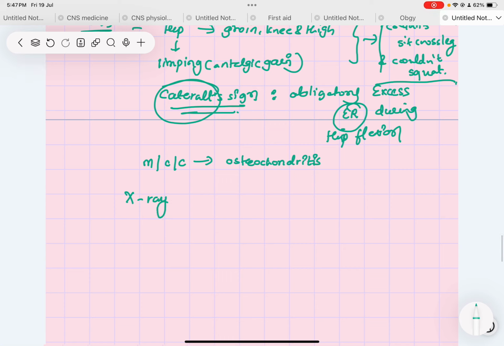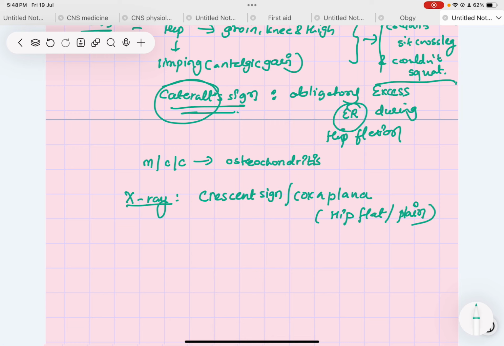In X-ray, you can see the crescent sign or coxa plana, means hip will be flat or plain, you can say. And gaze sign will be there.